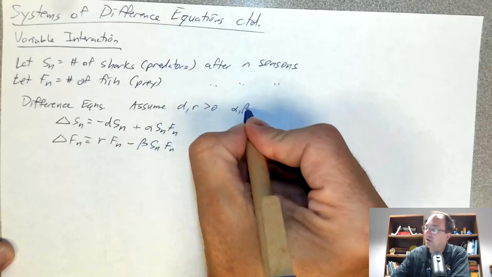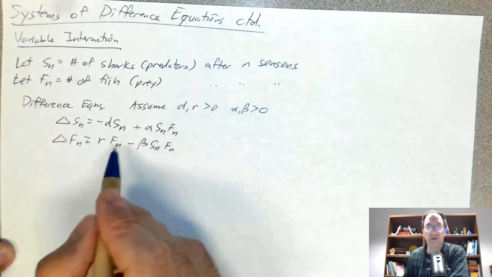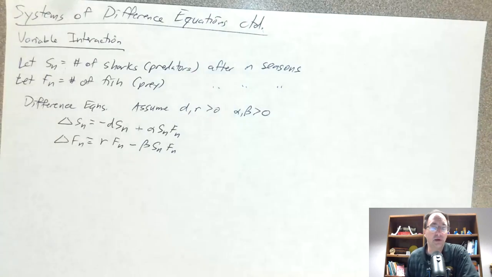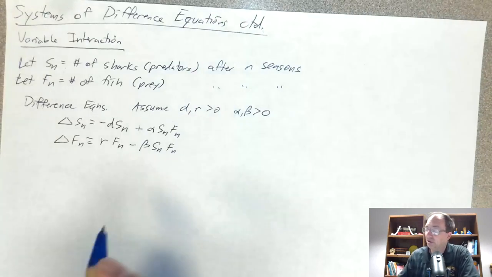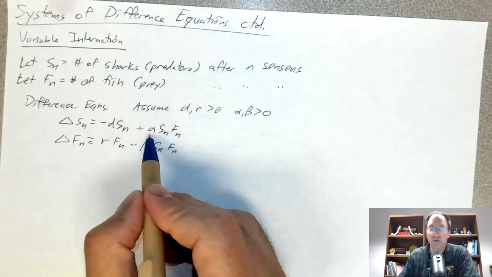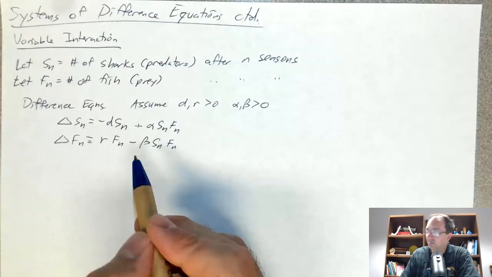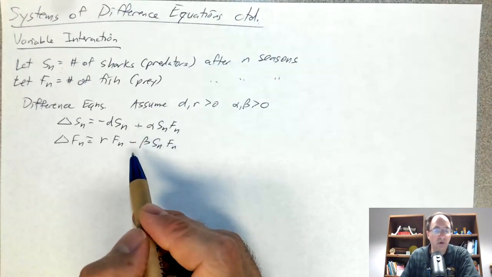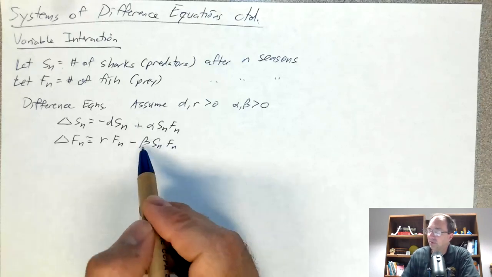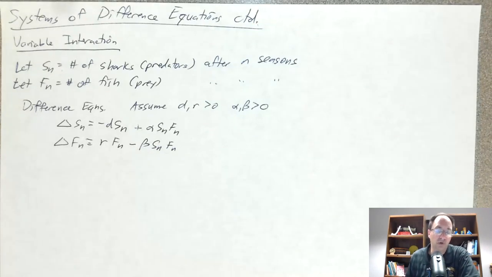And once again, alpha and beta are also positive because we're using the signs in front to indicate what we expect to happen. So the more interaction there is, we expect that to be good for the sharks because they're the predator. And so alpha is a positive coefficient and beta is a negative coefficient because, of course, it's not good for the fish.